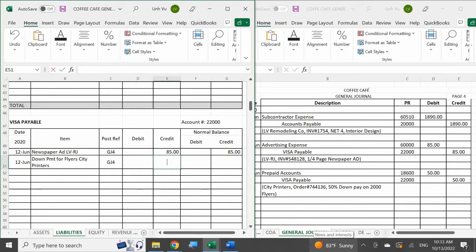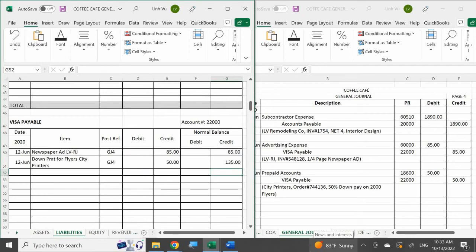I increased my credit card balance by $50. So how much do I owe on my credit card now? $135. $135 is what I owe to my credit card.